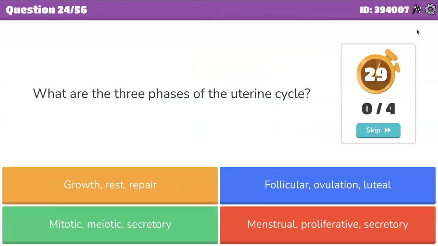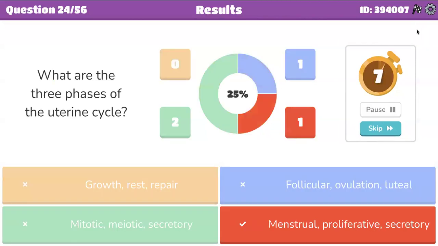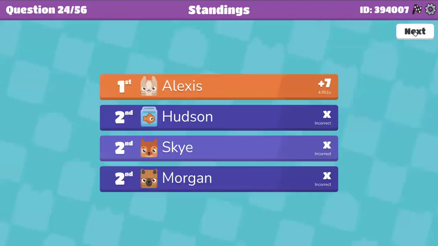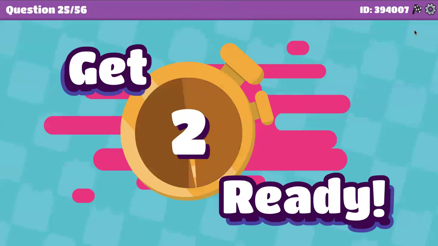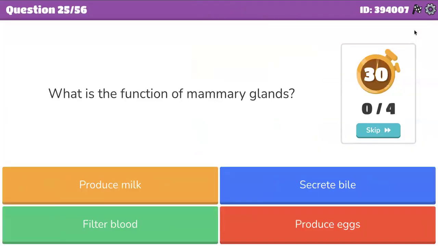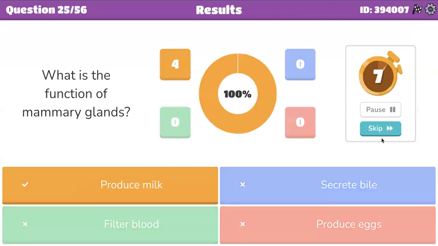What are the three phases of the uterine cycle? Menstrual, proliferative, and secretory. What is the function of mammary glands? Produce milk.